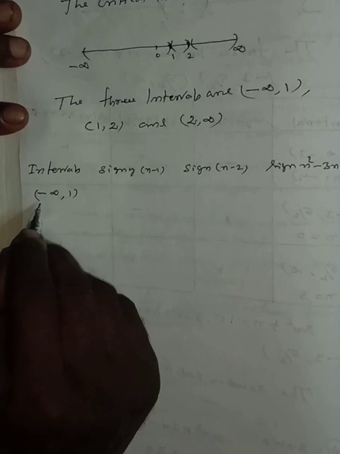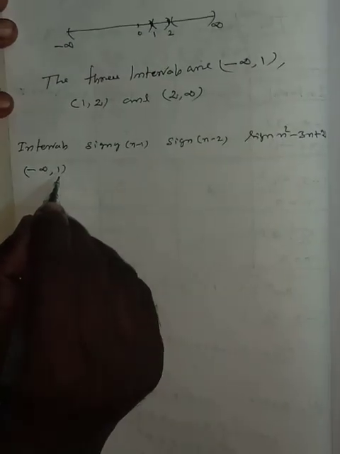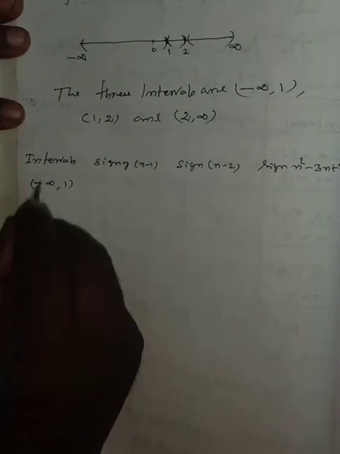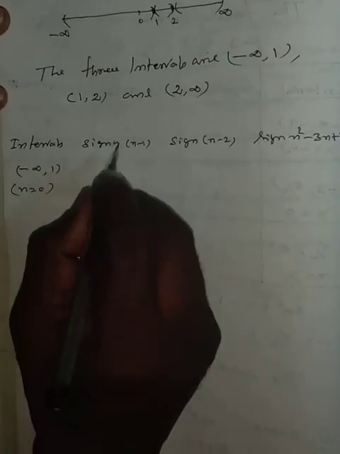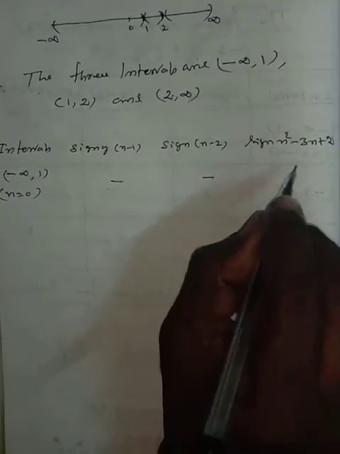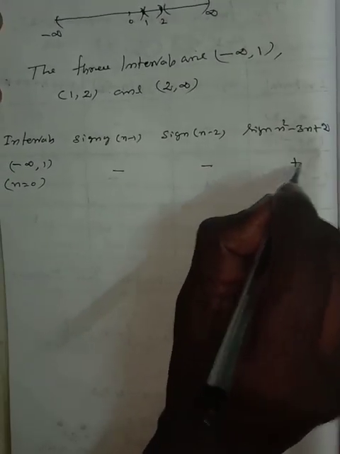First interval is minus infinity comma 1. Take x is equal to 0. Negative sign, negative sign, negative into negative is positive.